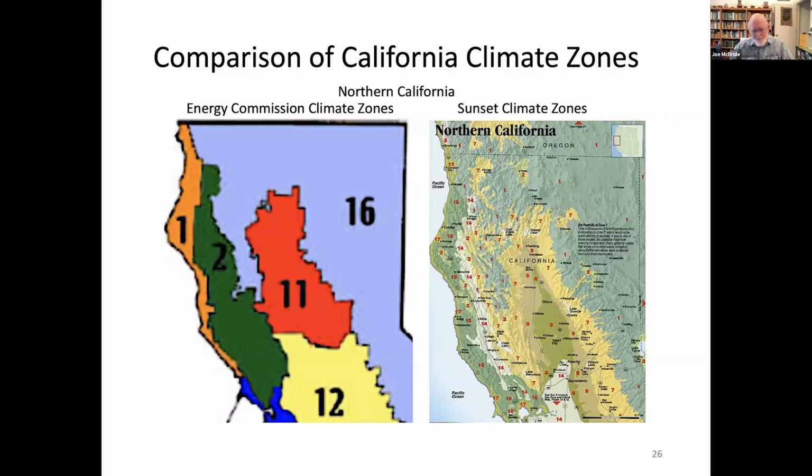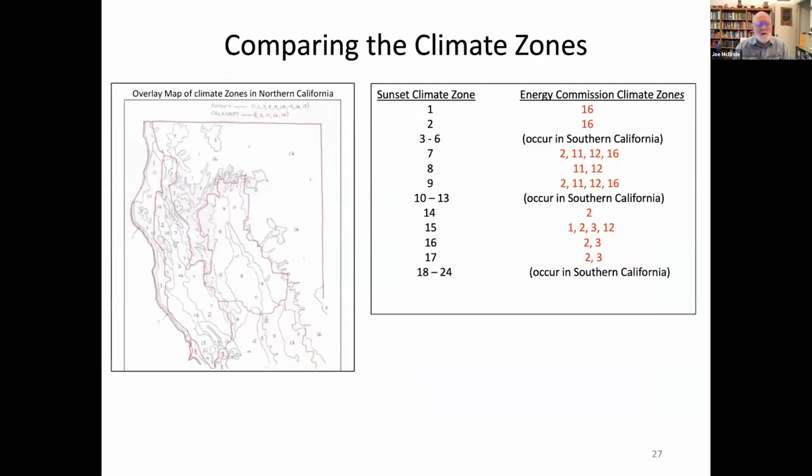And we looked at overlay maps of those particular zones. For example, zone number 1 here is the Sunset climate zone, and it is completely overlapped by, or is equal to, the Energy Commission zone 16.